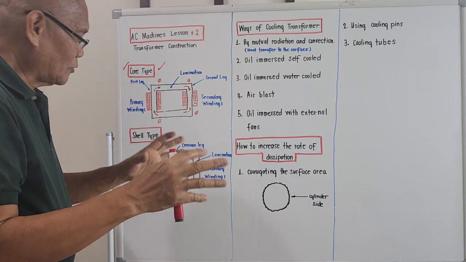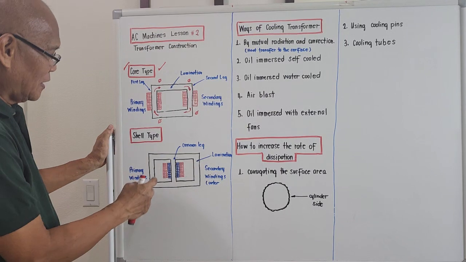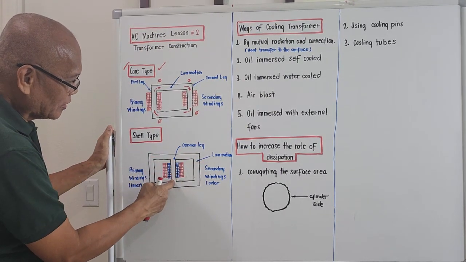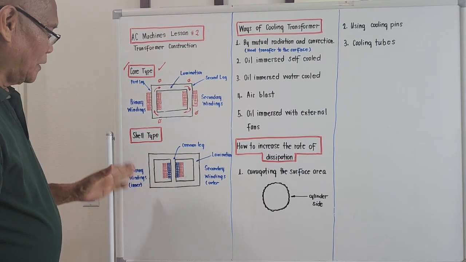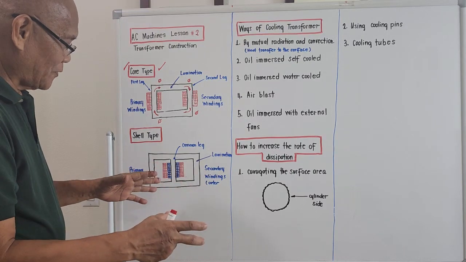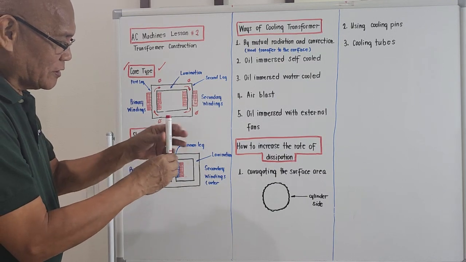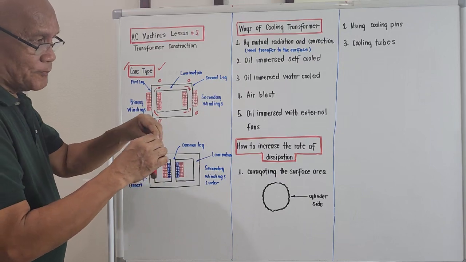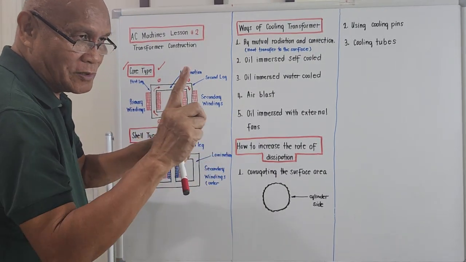The second type of construction is the so-called shell type. The lamination is this. It has a center leg. The way the shell type construction is made is that the first winding placed on the center leg is actually the primary.